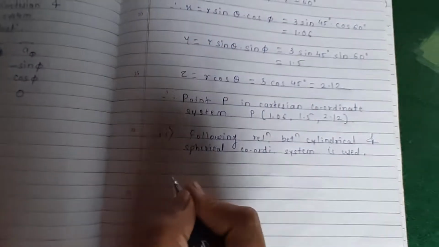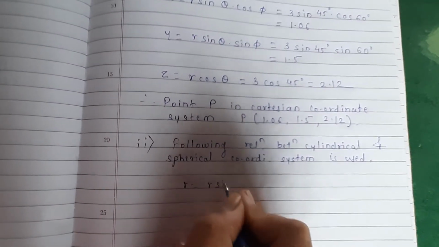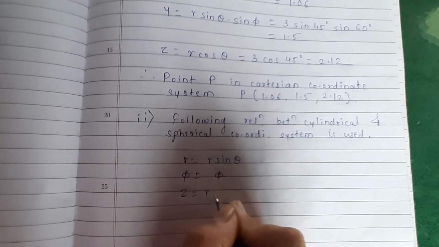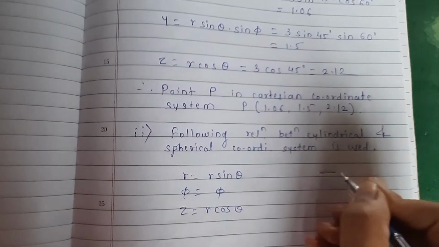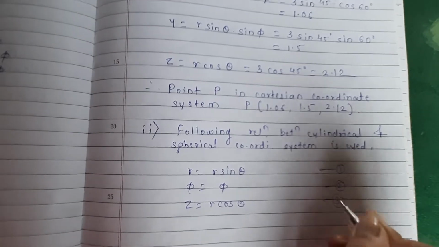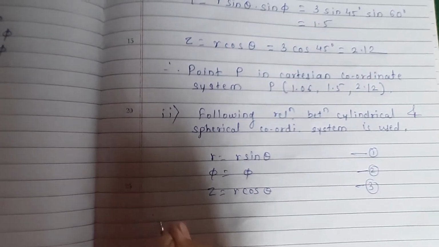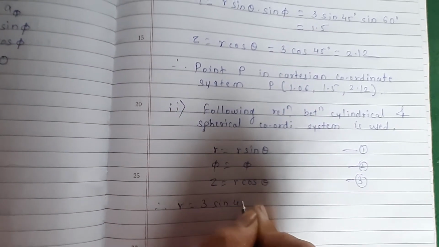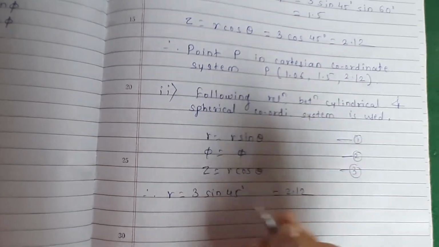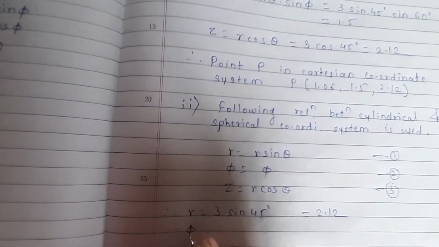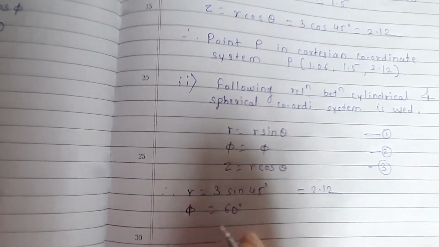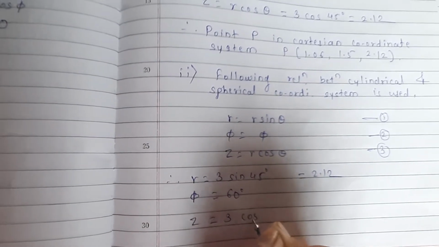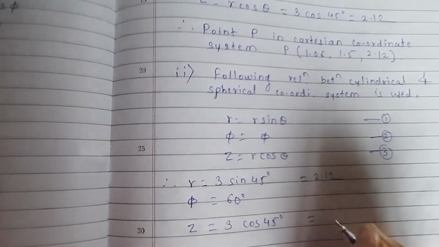So which relation? For that, r is equal to r sin theta, phi is equal to phi, and z is equal to r cos theta. These three relations are used. So here r is equal to r sin theta, meaning 3 sin 45 degree. Its answer is 2.12. Next, phi is equal to phi, meaning it is 60 degree, and the next is z is equal to 3 cos 45 degree. So its value is 2.12.